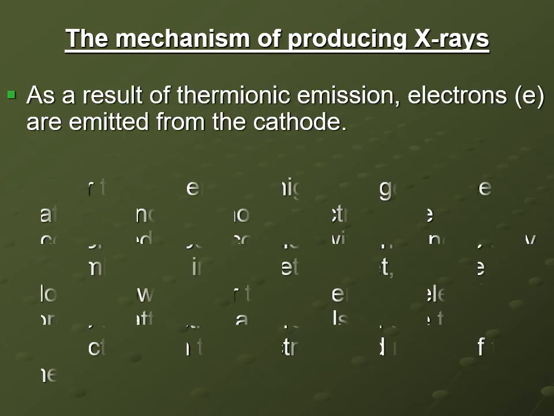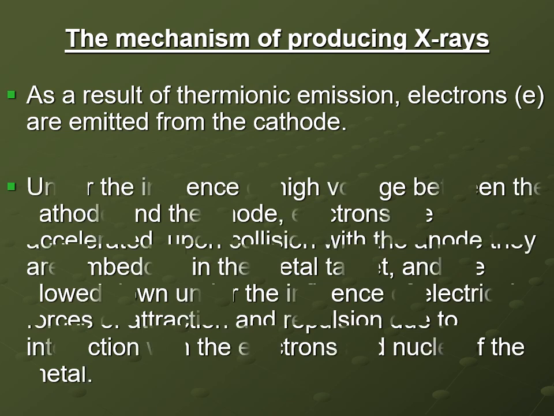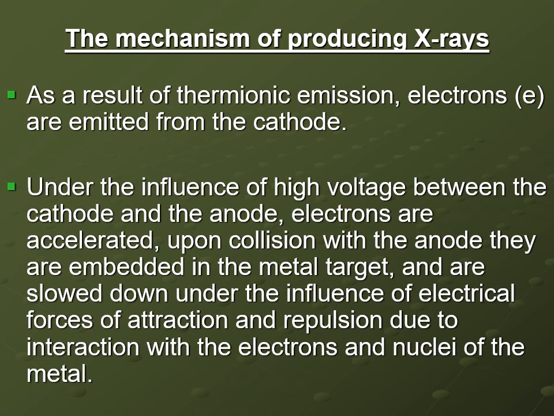And so it is possible to write down in more detail what happens in the X-ray tube, which leads to the appearance of electromagnetic X-ray radiation. Initially we have thermionic emission of electrons from the cathode. Then we have acceleration of electrons, then their deceleration when they enter the working part of the anode.